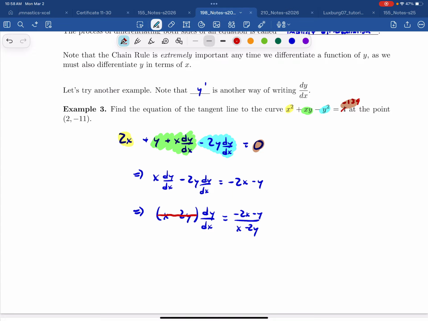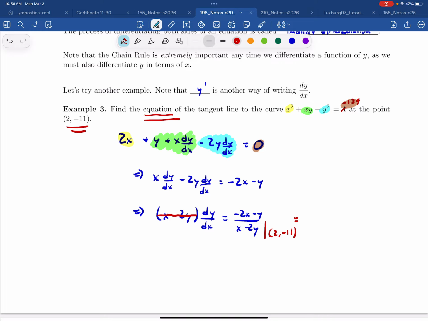Now, just to clarify, this isn't the answer to the question. It says find the equation of the tangent line at the point 2, comma, negative 11. So, at this point, we draw a vertical line right there, and we write 2, comma, negative 11. And we just plug in our numbers, right?